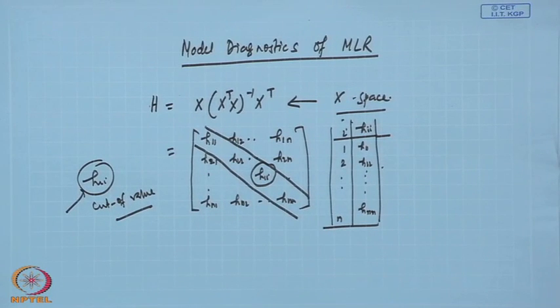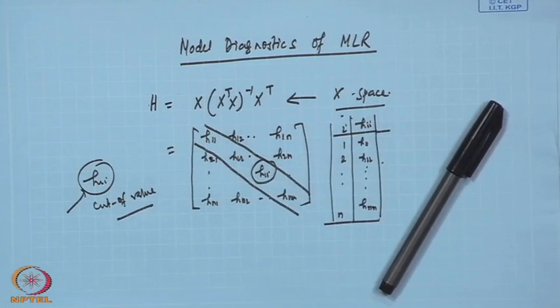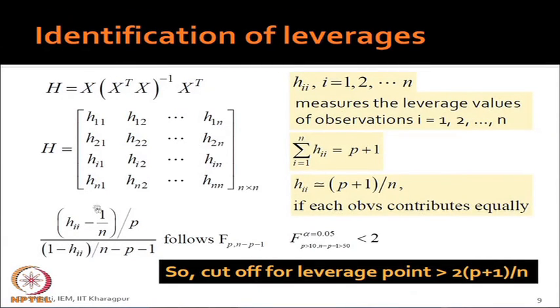Now, if you see the distribution of Hii, you will find that (Hii minus 1 by n) divided by p, over (1 minus Hii) by (n minus p minus 1), this quantity follows an F distribution with p and n minus p minus 1 degrees of freedom.